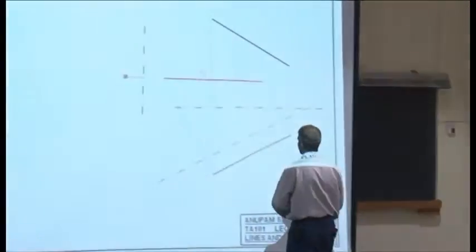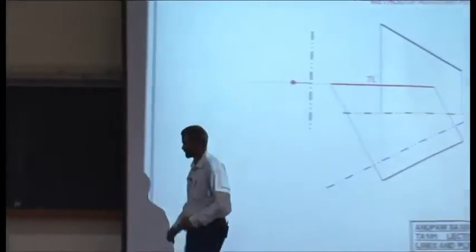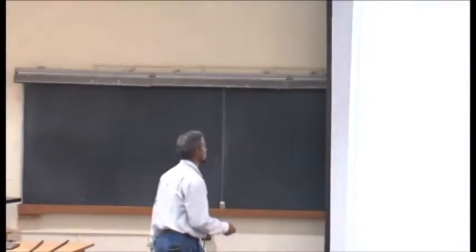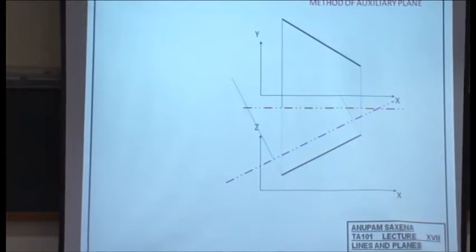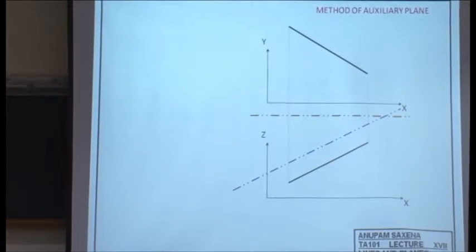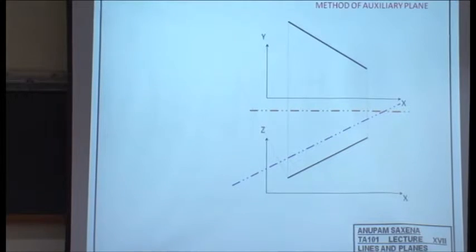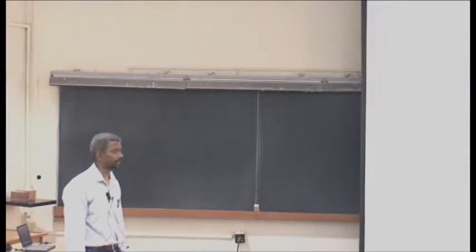Why did we take this distance the same as this distance? Your true length is going to be lying on these projections. Why are we taking this distance the same as this distance? Why?